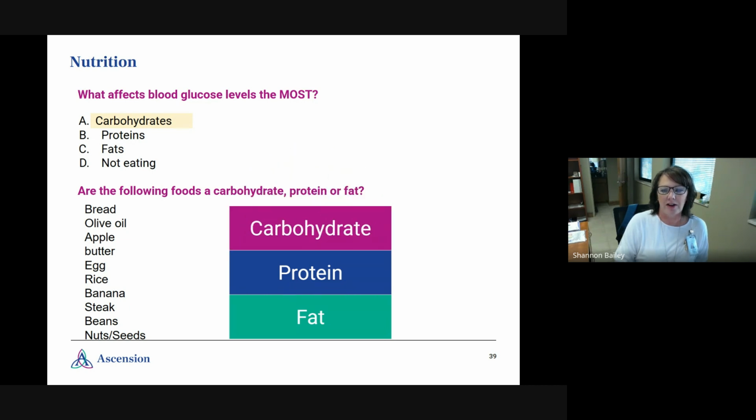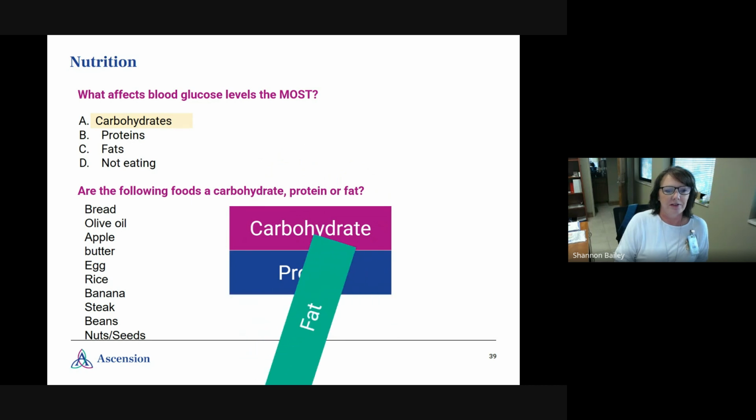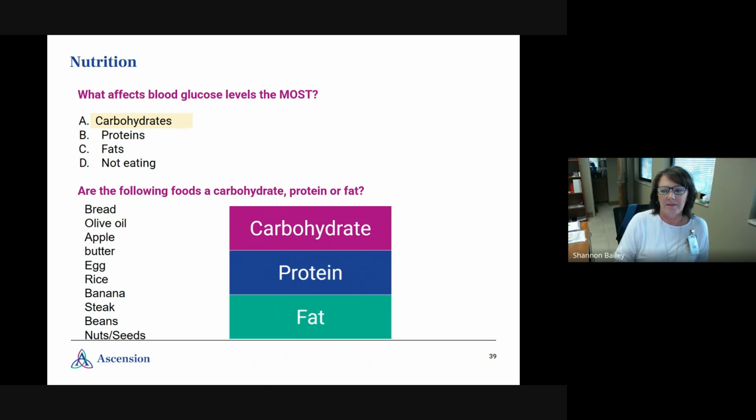Carb. Ashley's right. So is Kylie. How about olive oil? Fat. You're right. What about an apple? Yep. Carbs. How about butter? Yep. It's a fat.